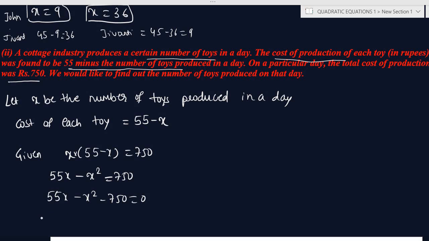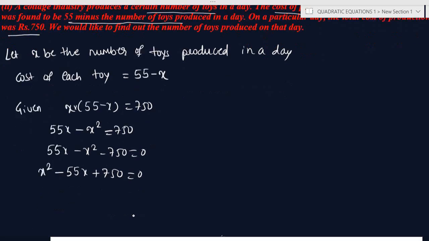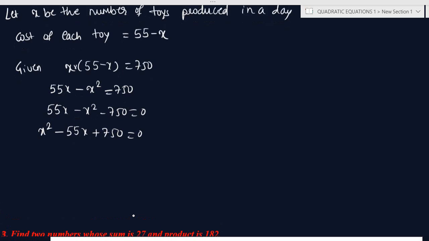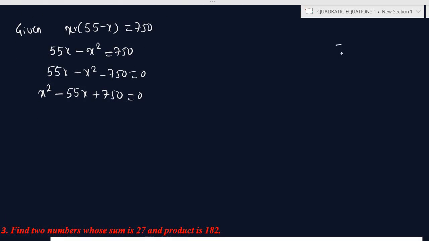I'll take minus common here. It becomes x square minus 55x plus 750, changing the sign from minus to plus. What happens now? I need to factor the 750.